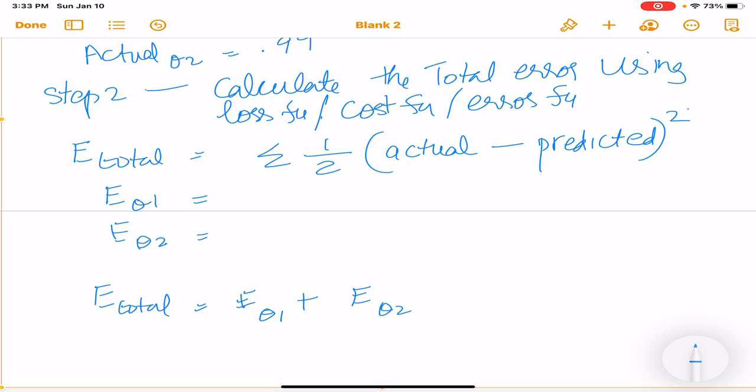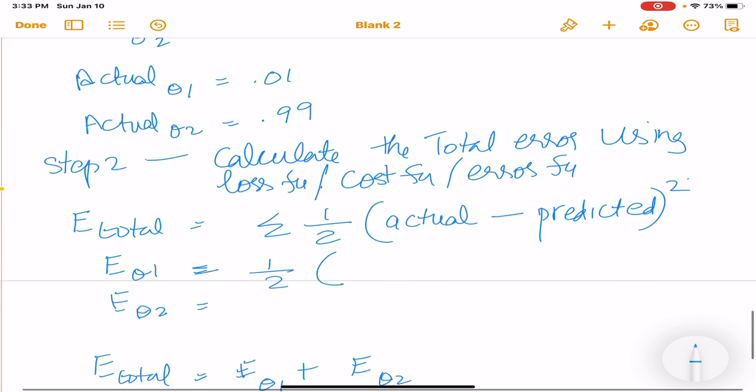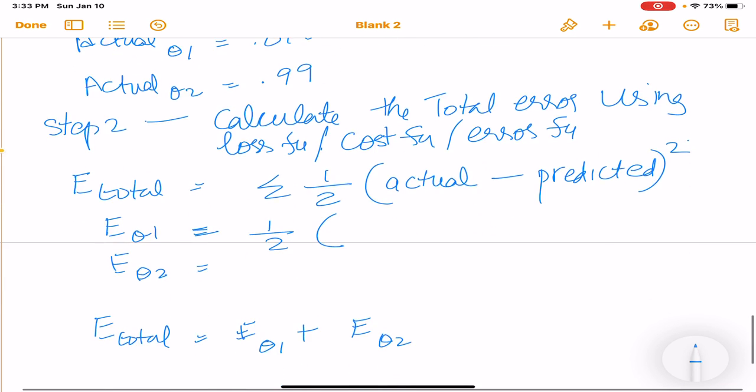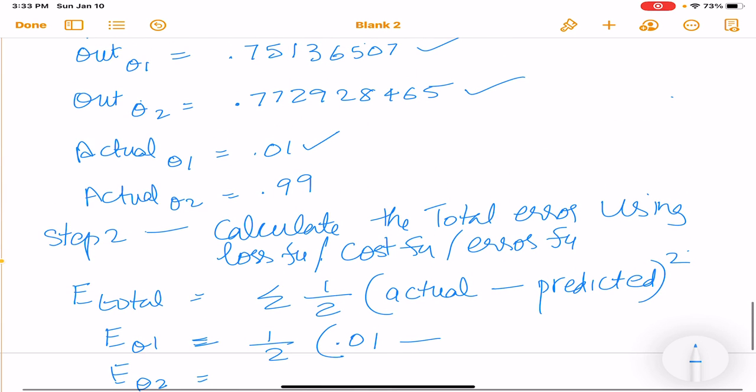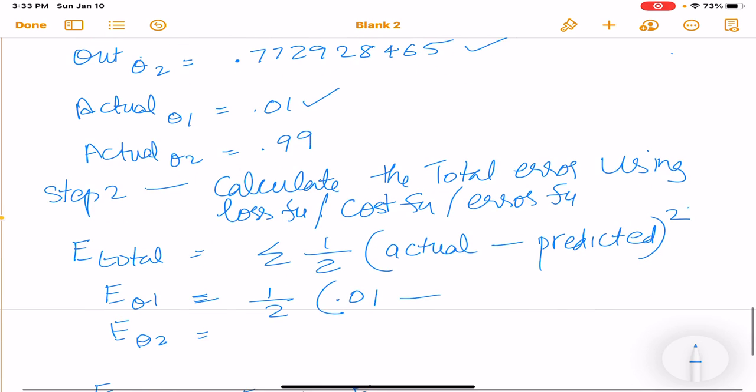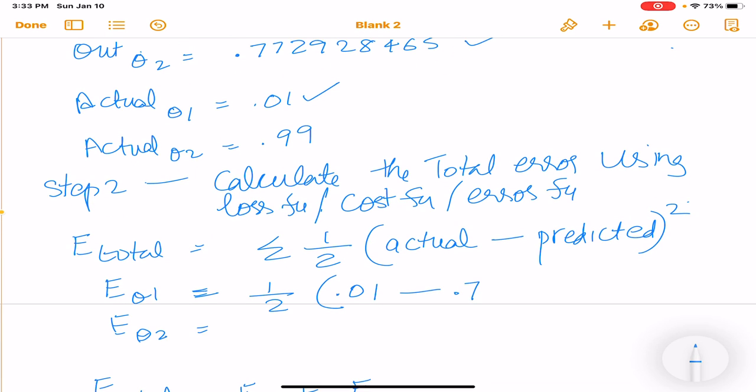So let us first find EO1, which is equal to half into the actual value of my output node O1, 0.01, minus the predicted value for O1 according to our network, which was 0.75136507, the whole square.